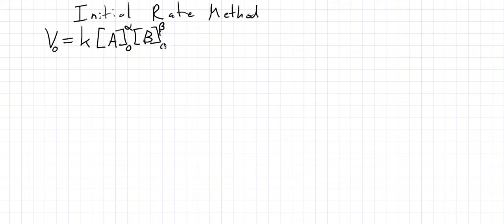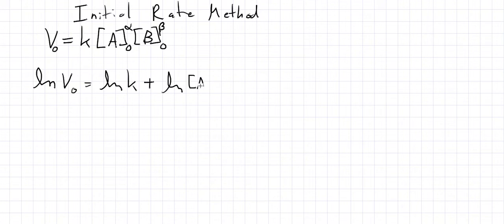So what we can do with this equation is take the log of it. The log of V naught is equal to the log of K plus the log of A naught to the alpha plus the log of B naught to the beta. Because remember, the sum of a logarithm is the logarithm of the product.